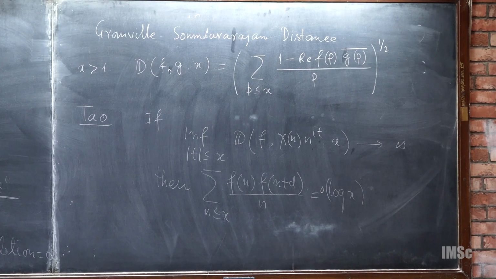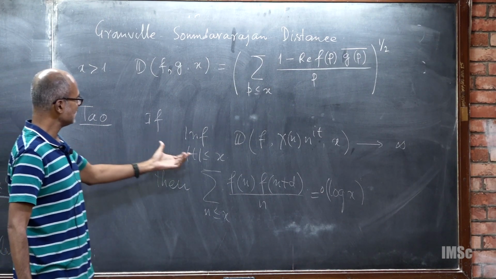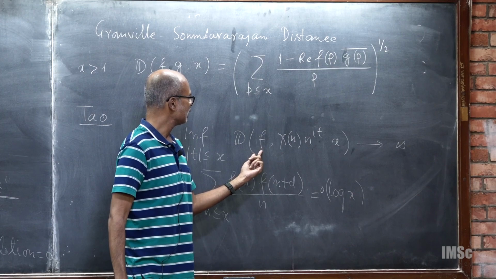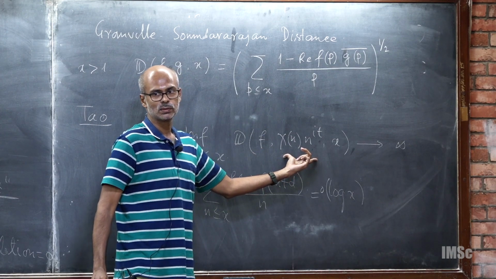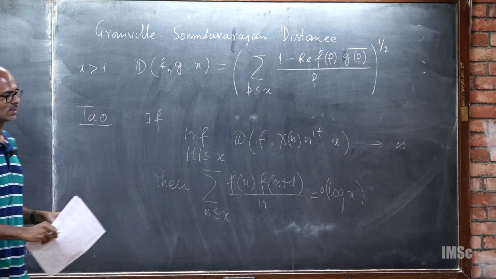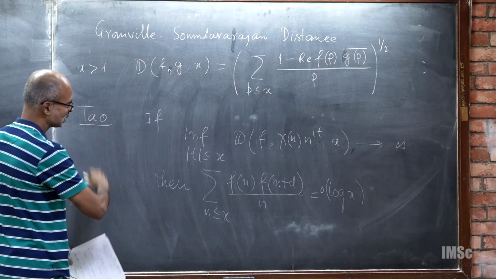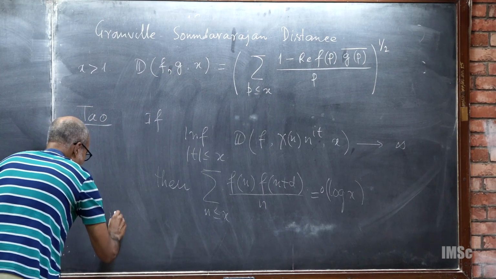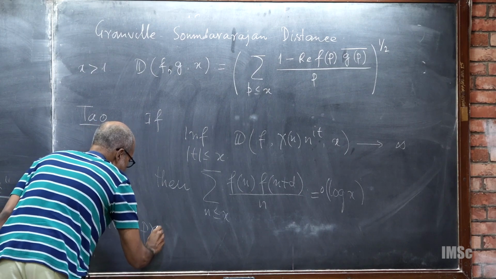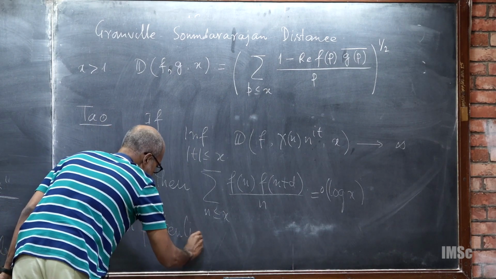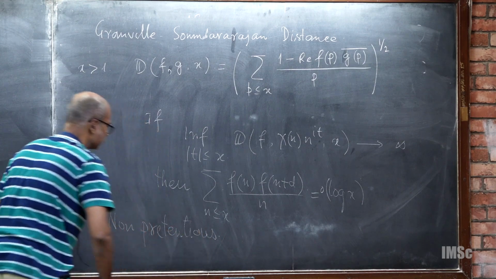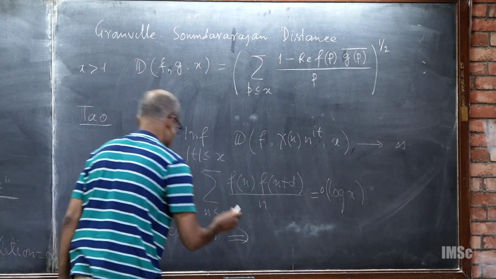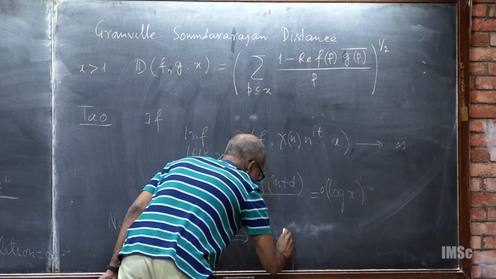Okay. And if this kind of thing happens, that the distance is going to infinity, then we say that f does not pretend like this. So in other words, we say that f is non-pretentious. You can summarize this in one line: non-pretentiousness implies small autocorrelation.